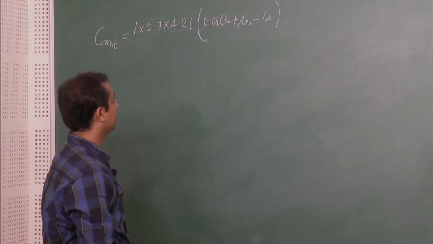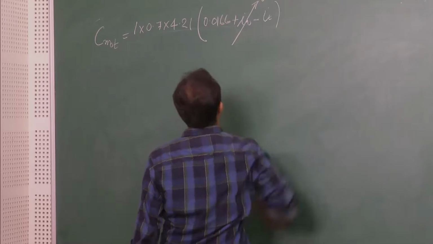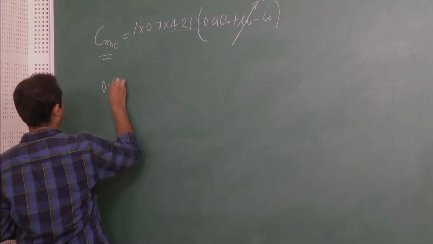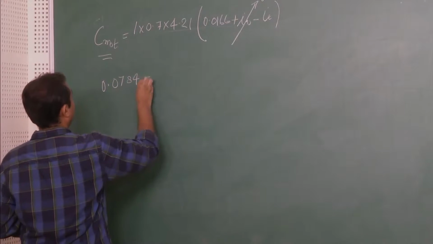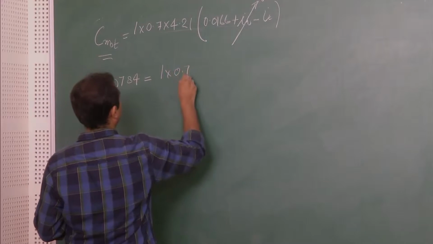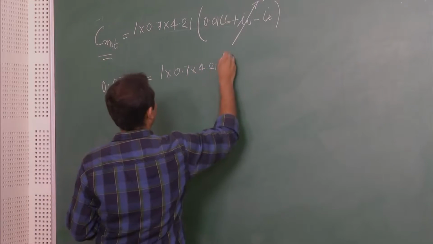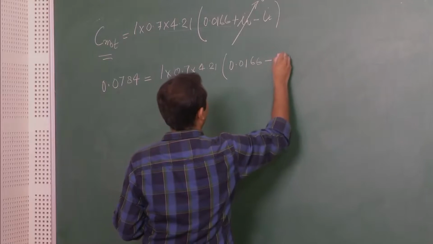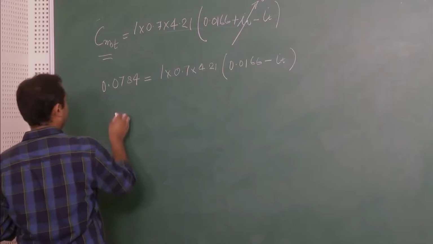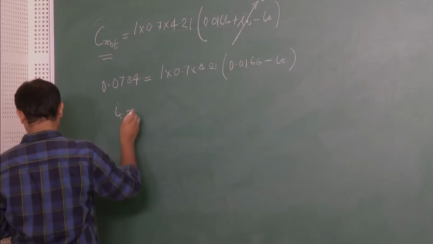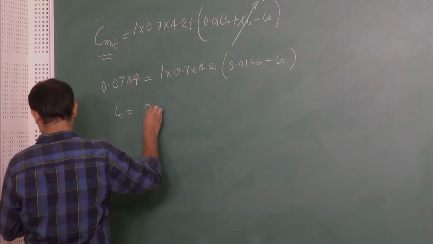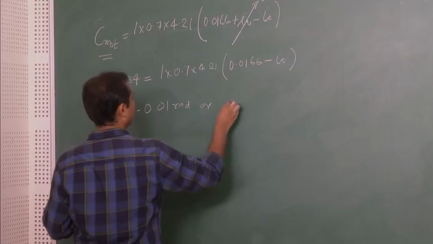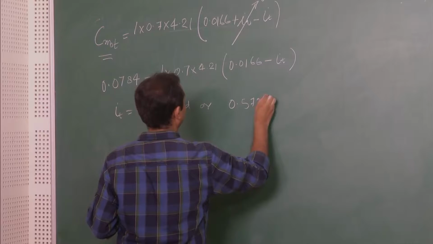I am not giving any incidence angle to wings, so I will take this value as 0, and Cm naught of tail required was 0.0784, which will give me I of t equals 0.01 radian, or something about 0.53 degrees.